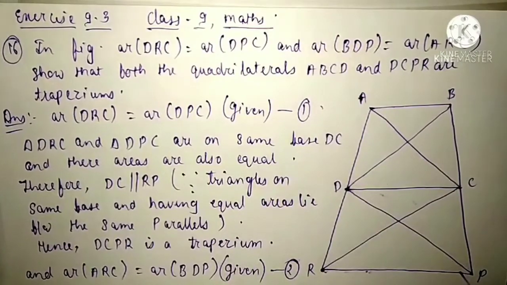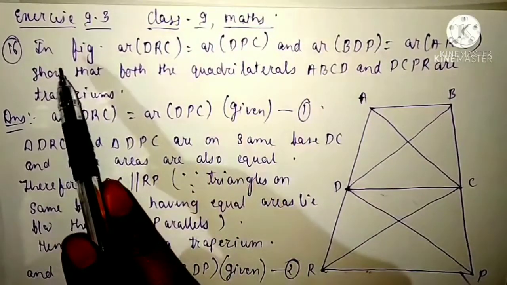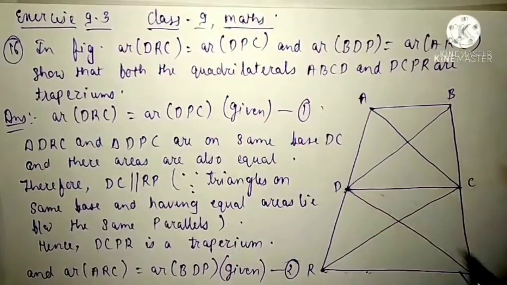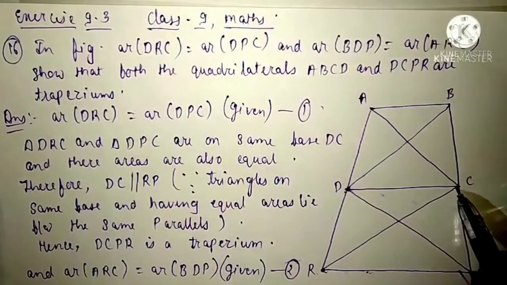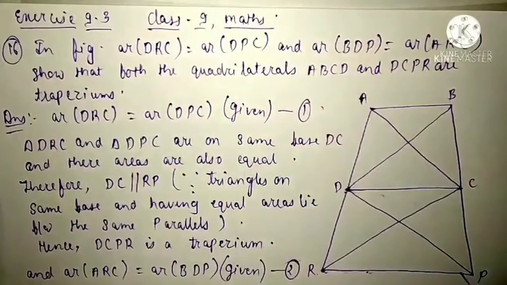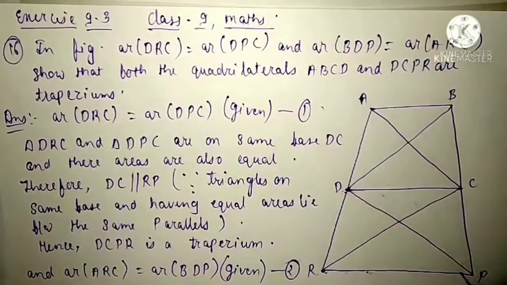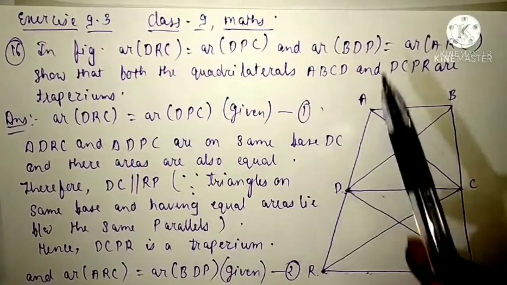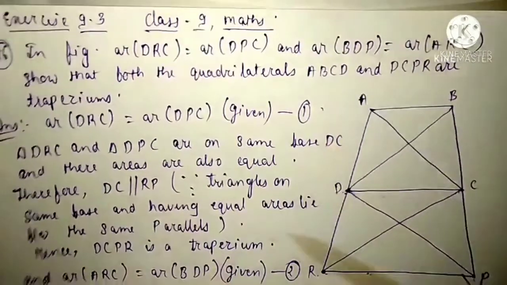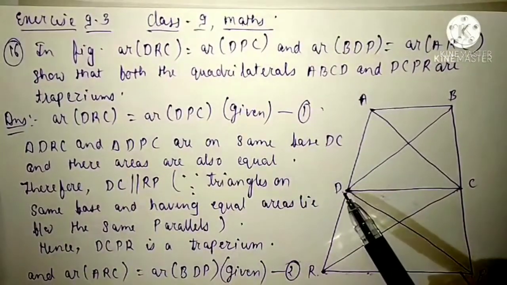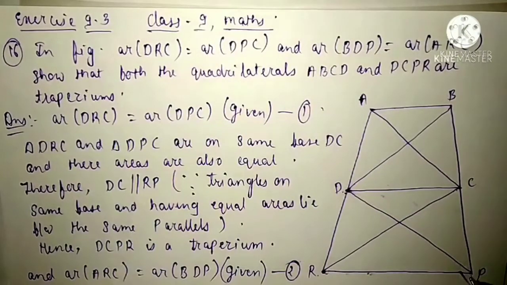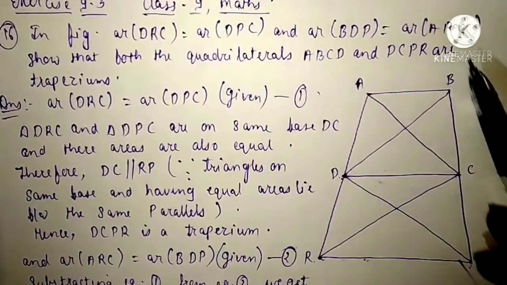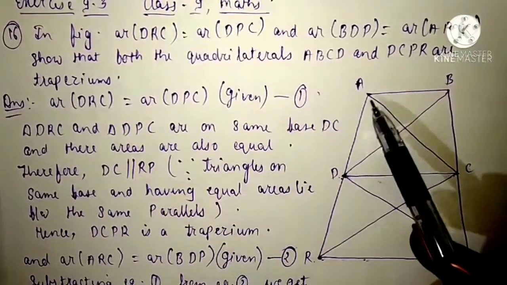Now see the 16th question. In figure, area of DRC is equal to area of DPC, and area of BDP is equal to area of ARC.